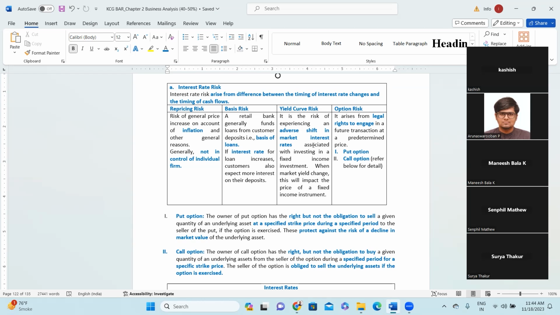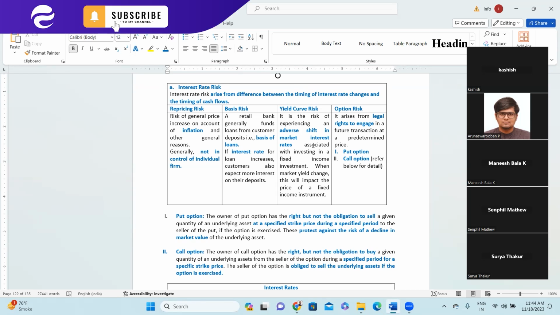Second is basis risk. A retail bank generally funds loans from customer deposits. That is the basis of the loan. And if the interest rate for loans increases, customers also expect more on their deposits. So for example, if the Reserve Bank has increased the repo rate, what will be the impact?